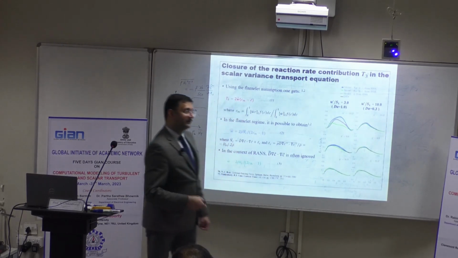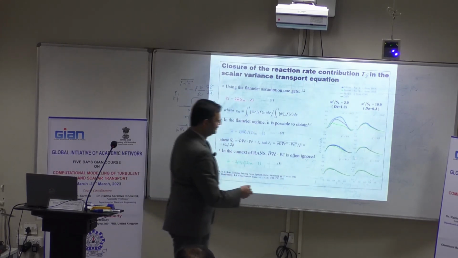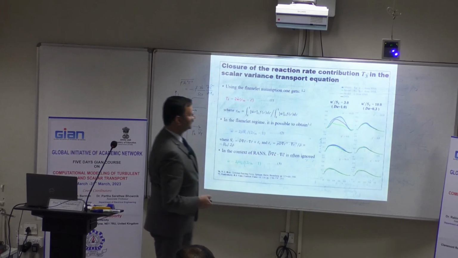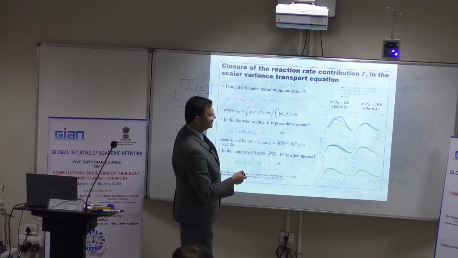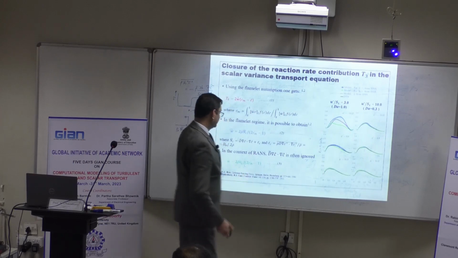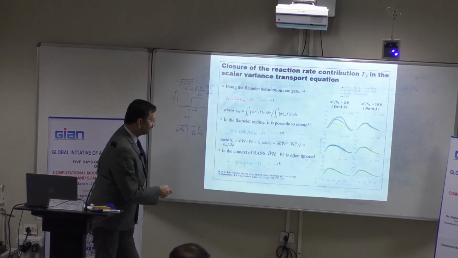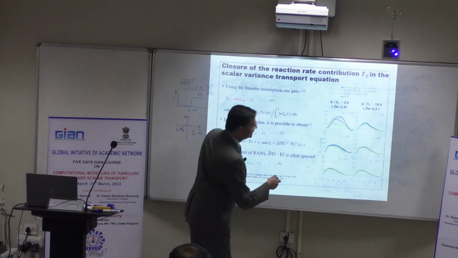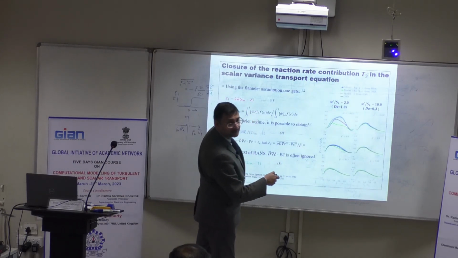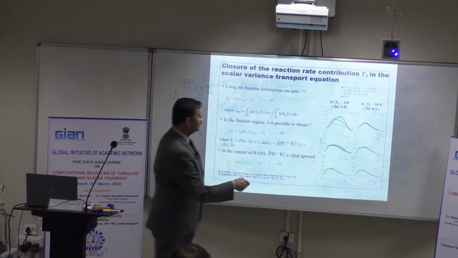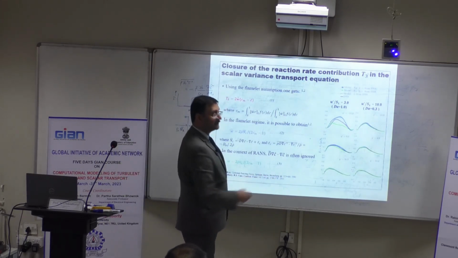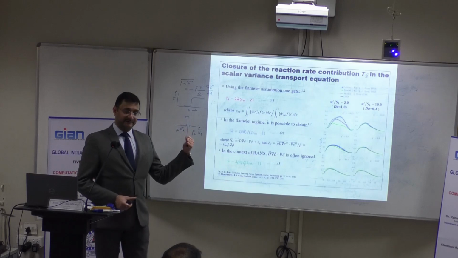for Froude number, for large values of Froude number, you don't see any major difference. For low Froude number and low turbulence intensity, it slightly over predicts. If I use epsilon C tilde, it slightly under predicts at low turbulence intensity, low Froude number, negative value of Froude number. Negative value of G star means stable stratification.